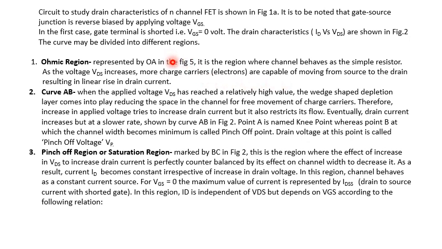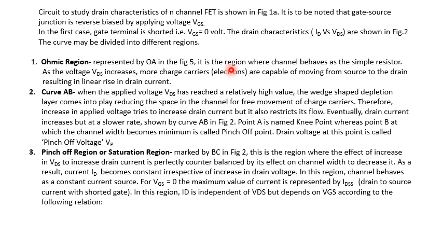Now, when the value of VDS is small, or we are increasing VDS from 0, the wedge-shaped depletion layer will not come into existence, or we can say that the channel is totally open for the movement of the electrons.